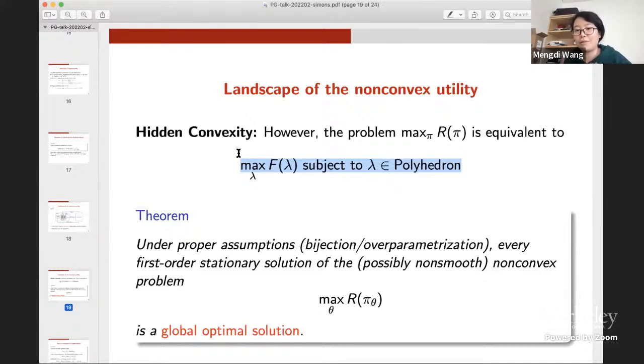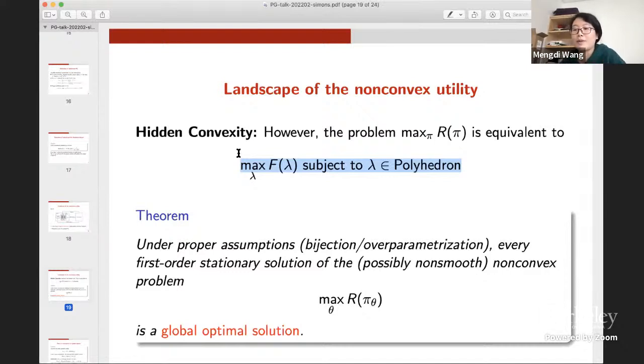which means that if we view it as an optimization problem in distribution, it's a very nice convex optimization problem. Okay, and if we exploit this structure, under proper assumptions, for example, if we have a one-to-one mapping between our policy parameter space and the space of lambda, or if my parameterization of policy is sufficiently expressive, the problem can still be mapped to the nice convex optimization problem where lambda belongs to a polyhedron.